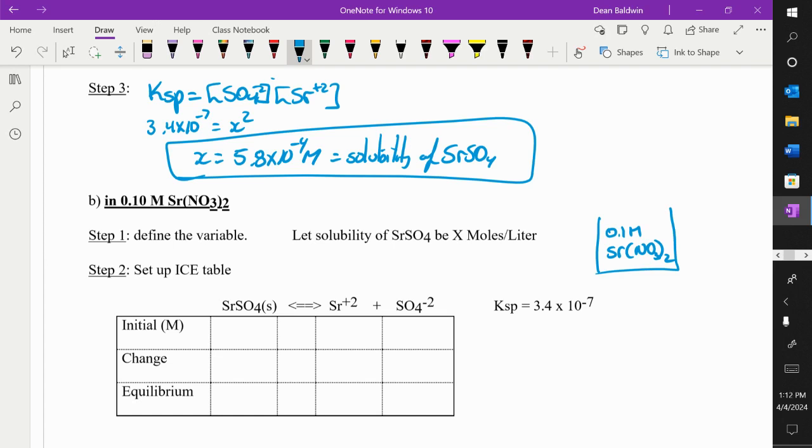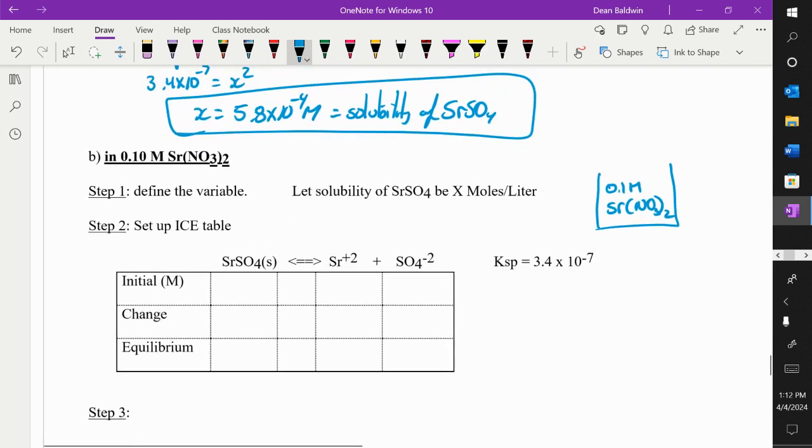So when you set up your ice table, initially, how much strontium is in there? 0.1, right? Because that's what's in the beaker. There is no sulfate, and we don't care about the nitrate because nitrate's a spectator. Everybody agree with that? Okay, so the nitrate's useless. We have 0.1 molar of strontium.